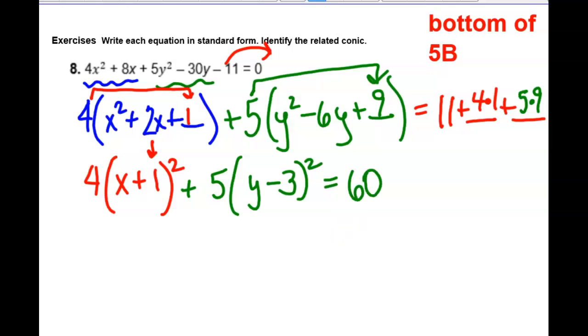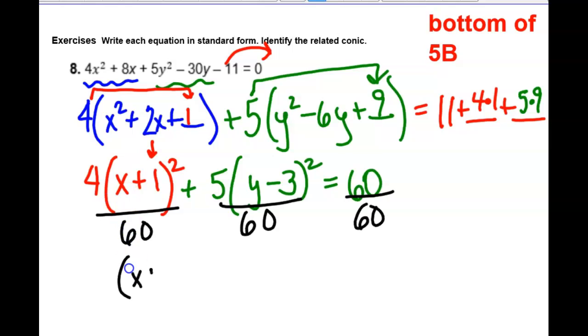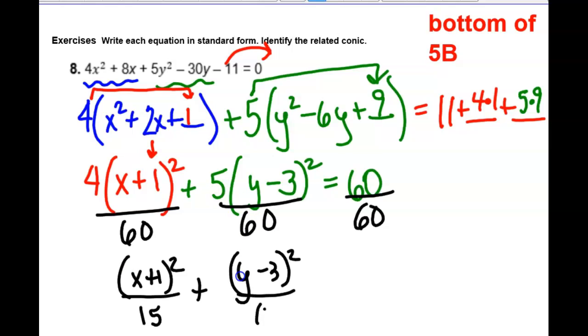Okay. What do we have to divide everything by? 60, because it's got to equal 1. 4 goes into 60 how many times? 5 goes into 60 12 times. Now, that would not be fun to graph because A and B aren't perfect squares, right?